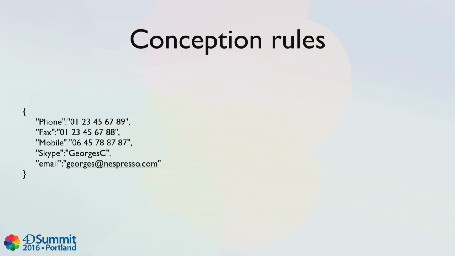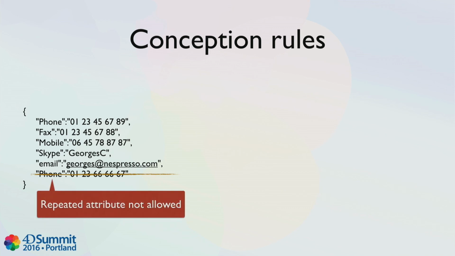And after sharing a volute with George, you have another phone number and you want to add it in your record. It's nice to have the private phone of George, but it's not possible. In fact, repeated attributes are not allowed. That's a problem.